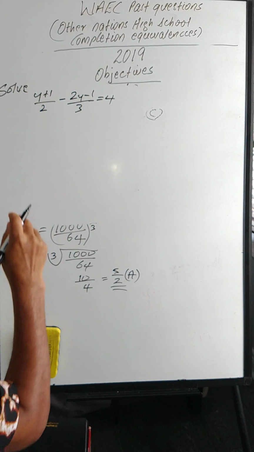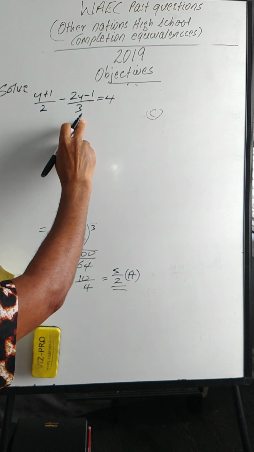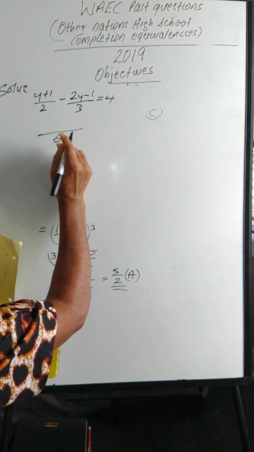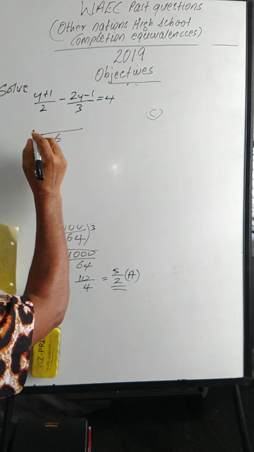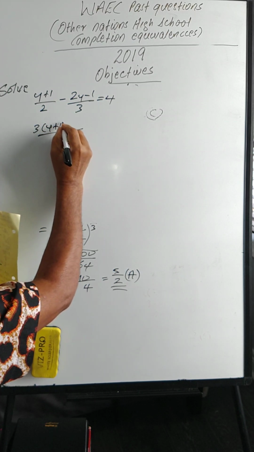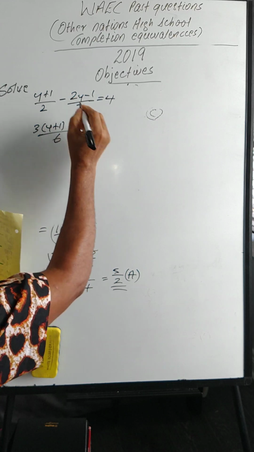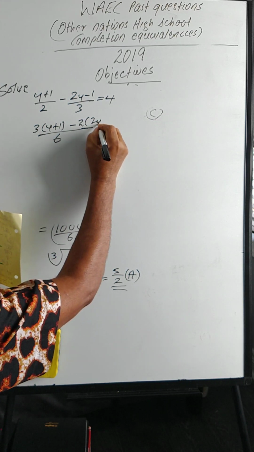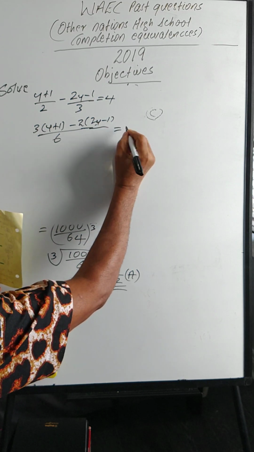In our solution, find the LCM of 2 and 3. The LCM of 2 and 3 will give us 6. So we now have 6. 6 divided by 2 is 3. 3 times the numerator, we have 3 bracket y plus 1 minus 6 divided by 3 is 2. And this will give us 2 bracket 2y minus 1. And all this will give us 4.